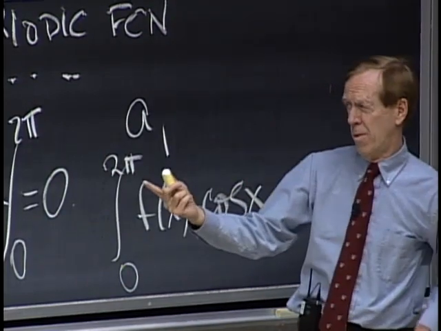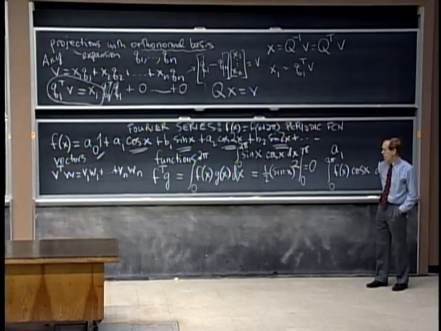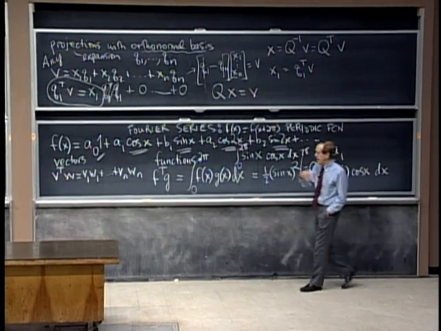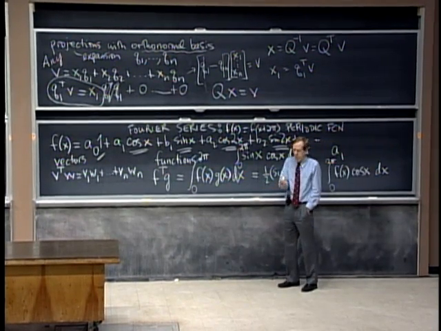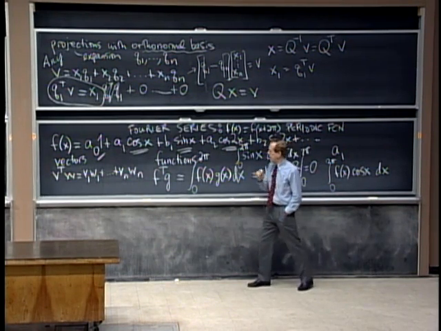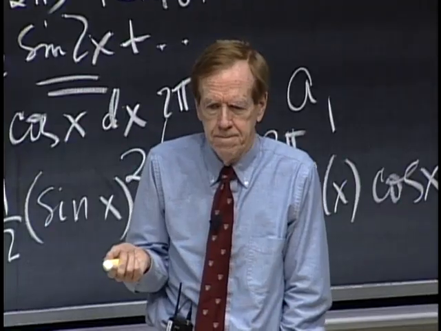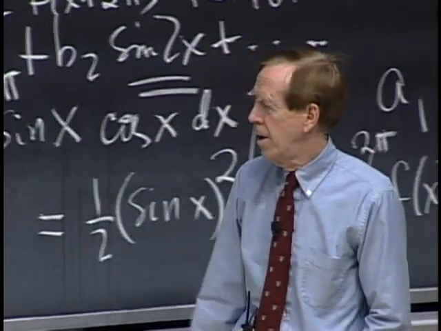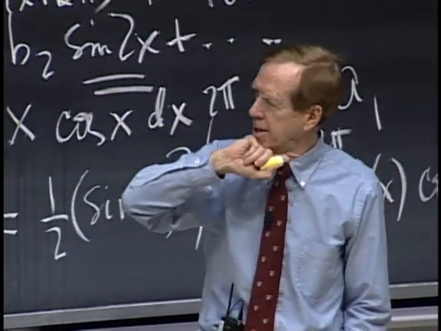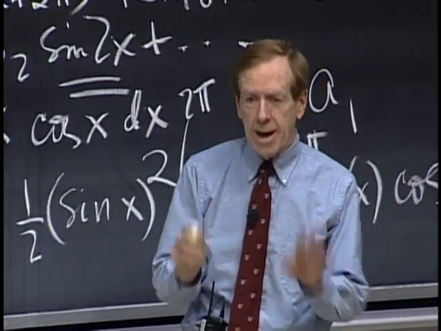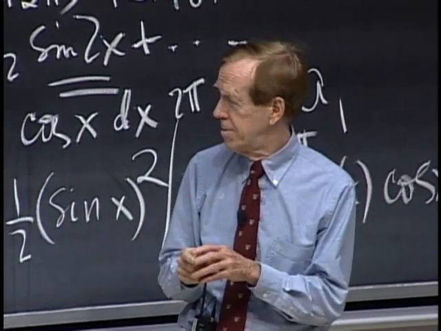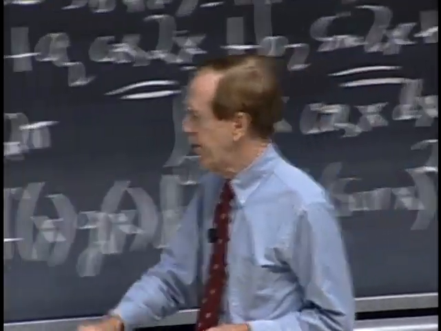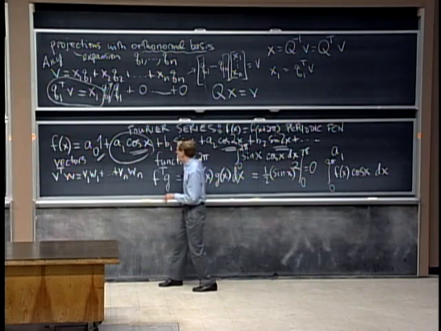And on the right, what do I have? When I say take the inner product with cos x, let me put it in ordinary calculus words: multiply by cosine x and integrate. That's what inner products are. So if I multiply that whole thing by cos x and integrate, I get a whole lot of zeros. The only thing that survives is that term.